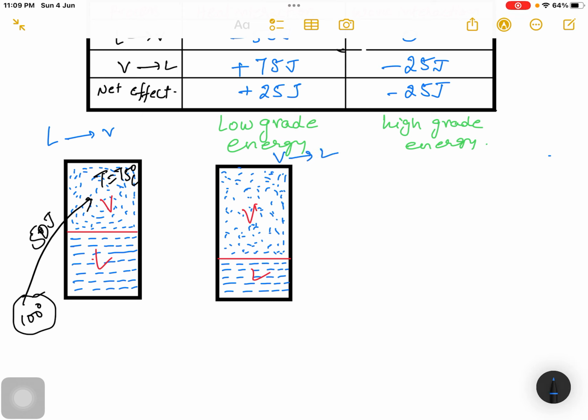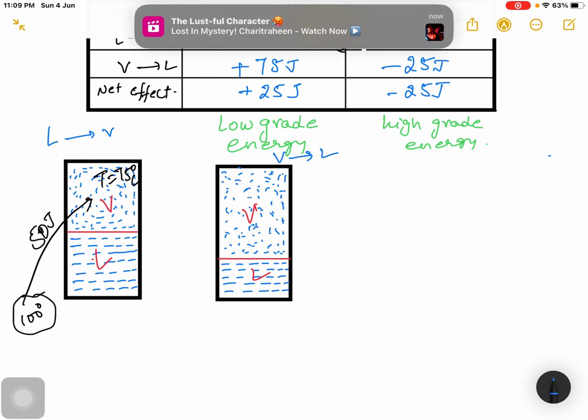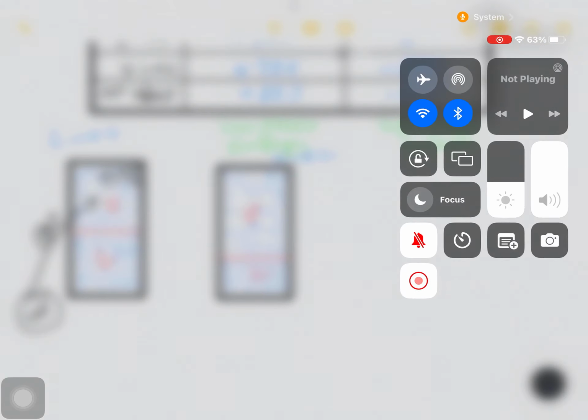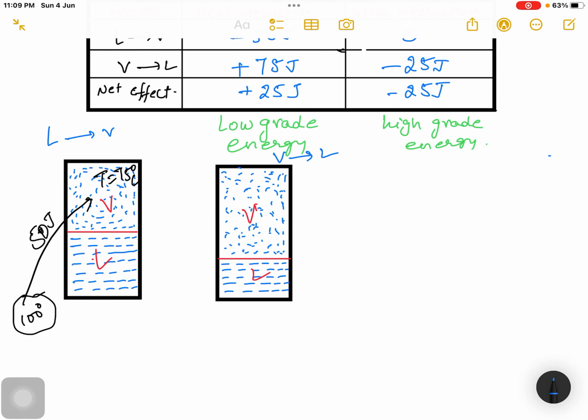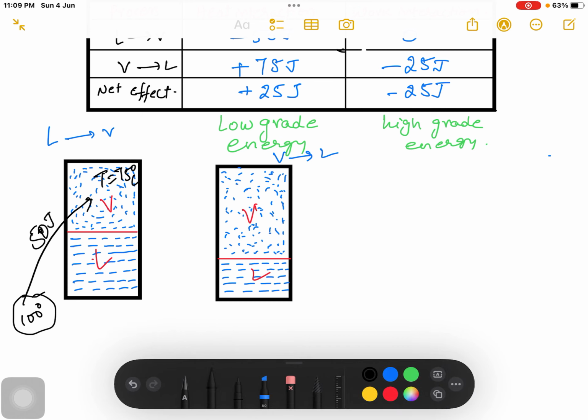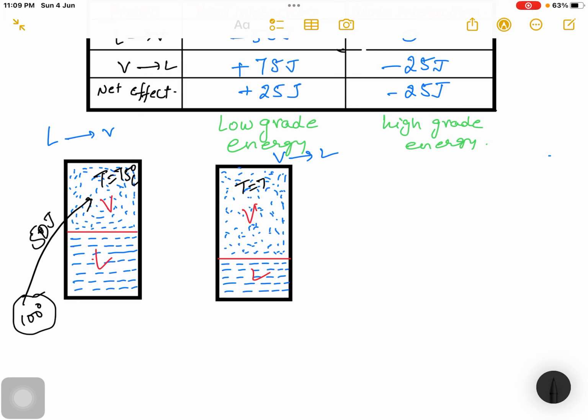Again I want to convert this vapor into liquid. What I have to do is the same process what I have done before. Here the temperature of the vapor is 75 degrees Celsius and the surrounding temperature is 100 degree Celsius.